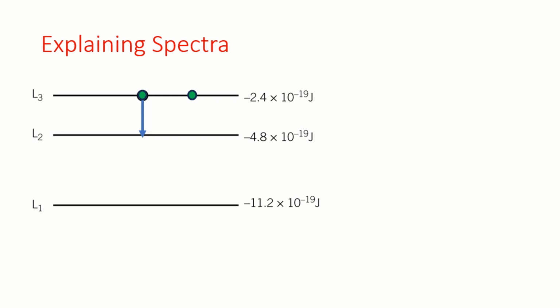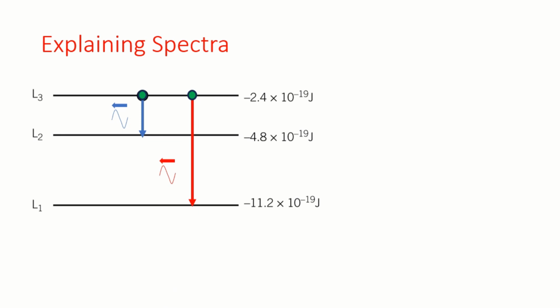Now, the way that quantum physics explains this is that if you want to lose some energy, we're going to allow our electrons to lose energy by giving out a photon of light. It's possible for it to give out a photon of light which allows it to drop from the L3 to the L2 level, or, for example, from the L3 to the L1 level.